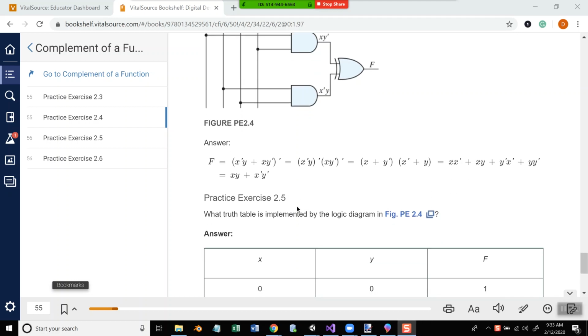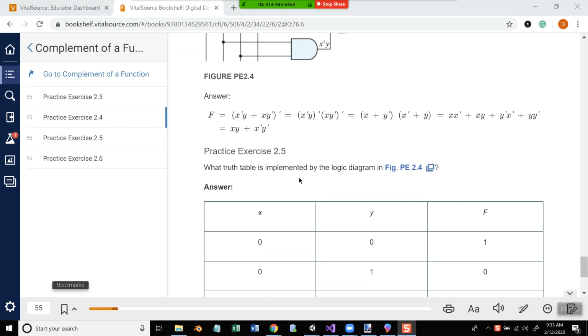Okay, we're taking a look at practice exercise 2.5, and it says what truth table is implemented by the logic diagram in this figure up here.